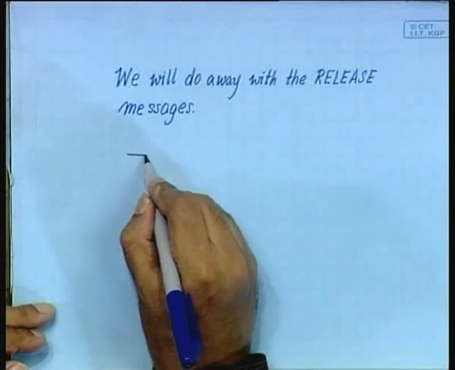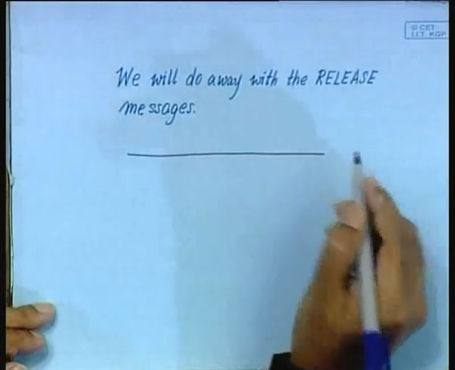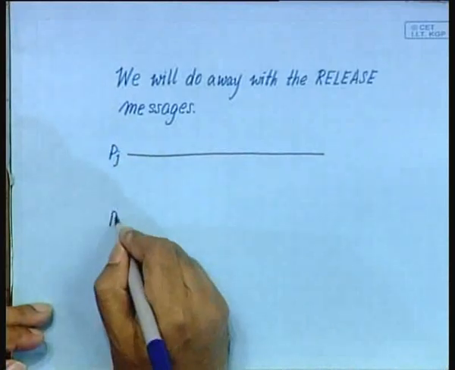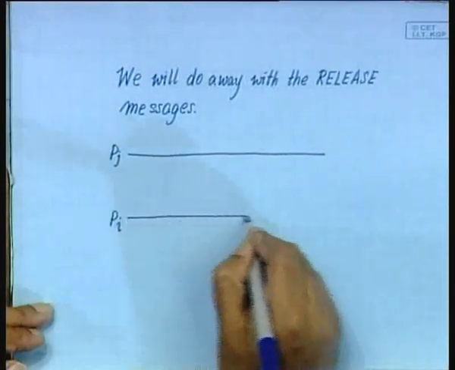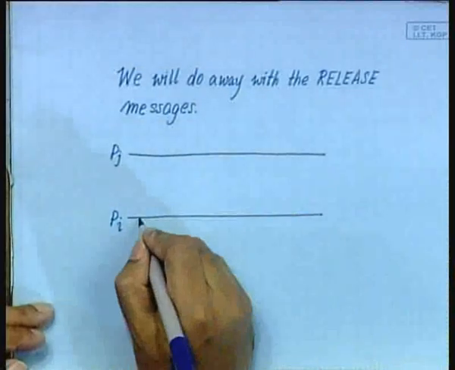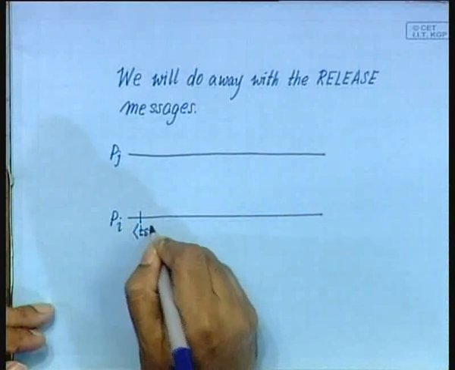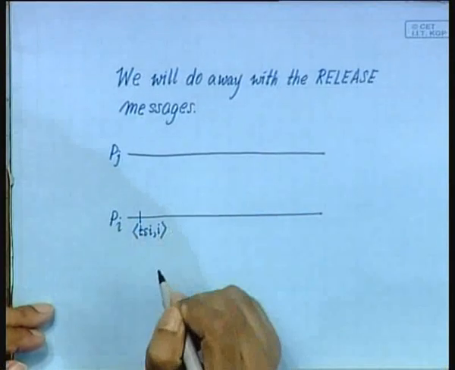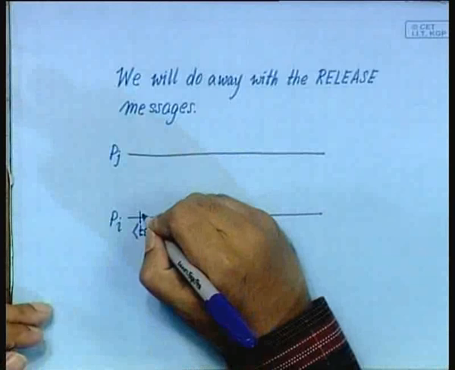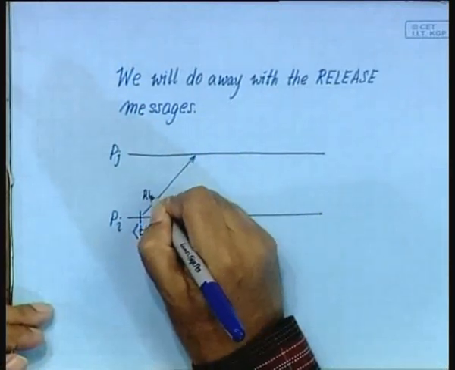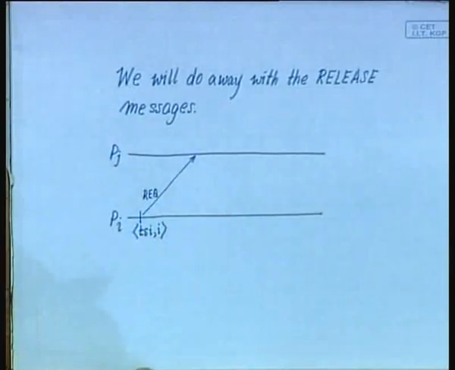Consider this situation that Pi has made a request TSi, and it has sent the request message to Pj.